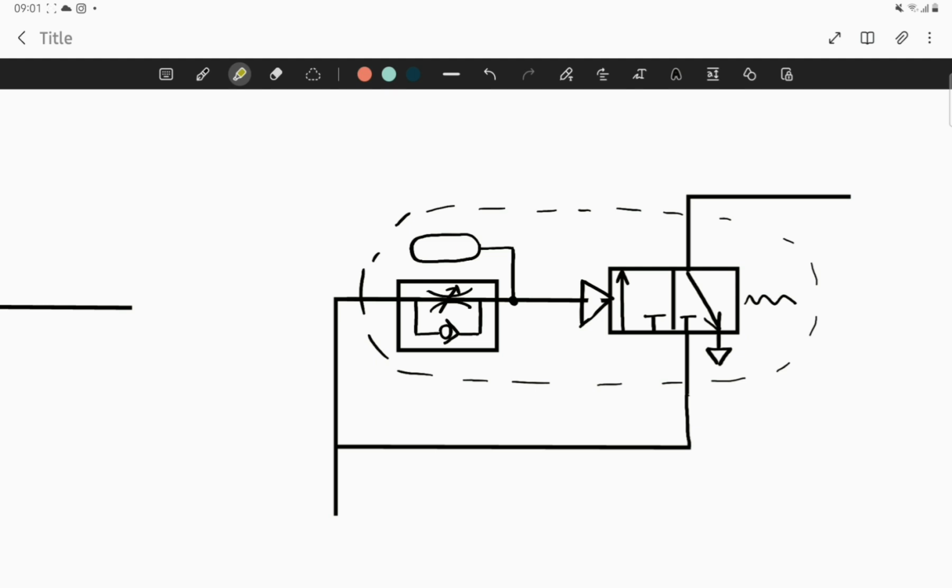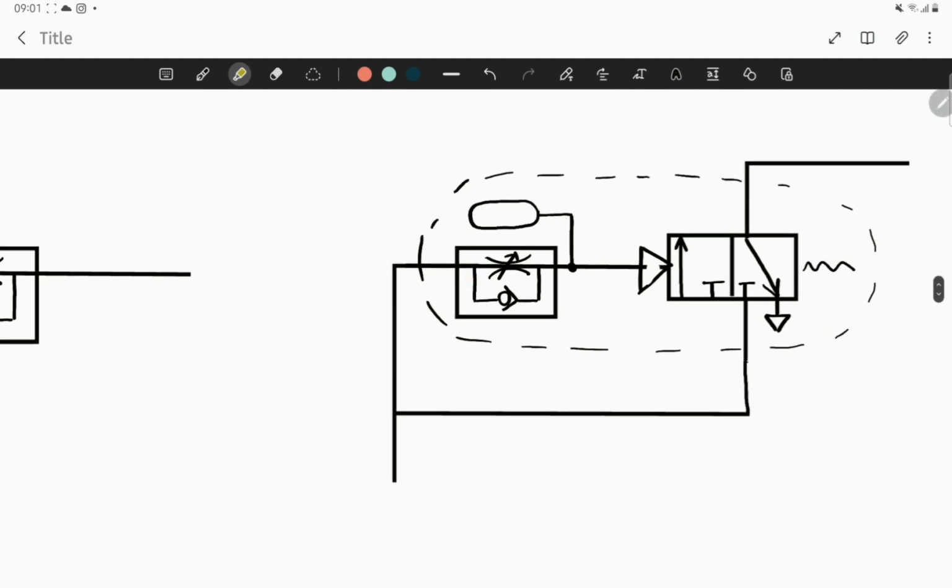But what you have is you're receiving your air and it's forced to go slow, right? And then this slow air is used to fill a reservoir. This reservoir is filling at a slow velocity because the air is forced to go slowly.